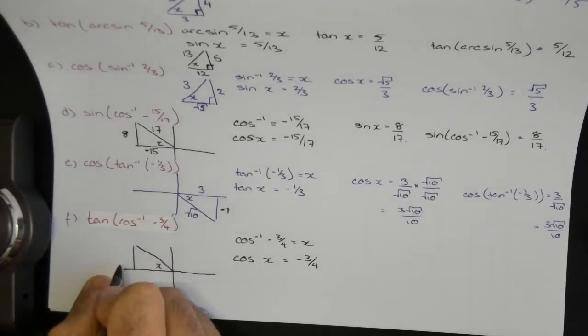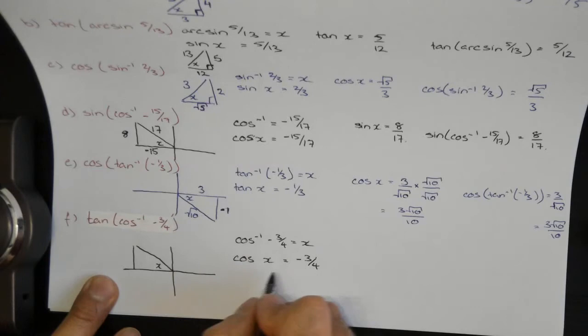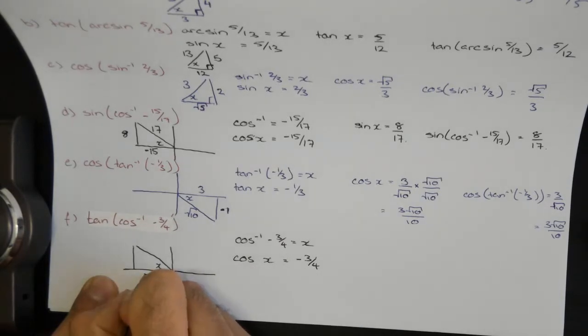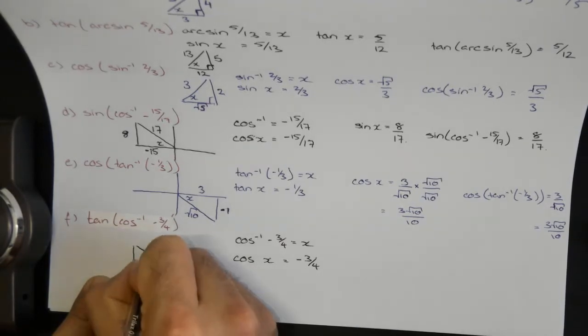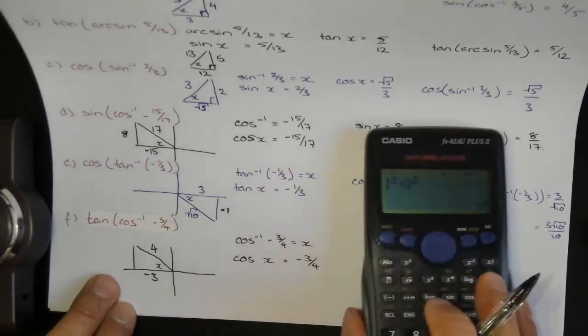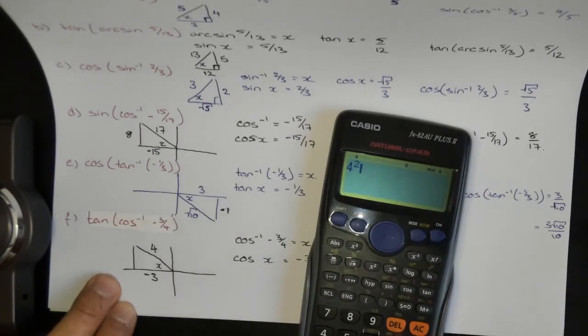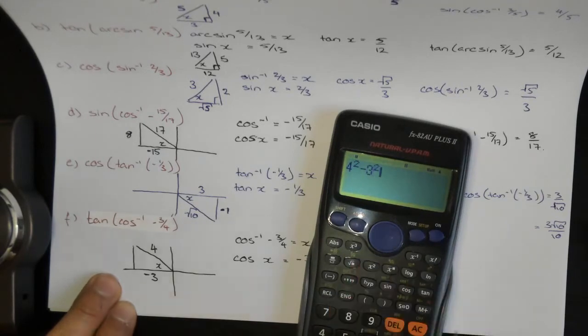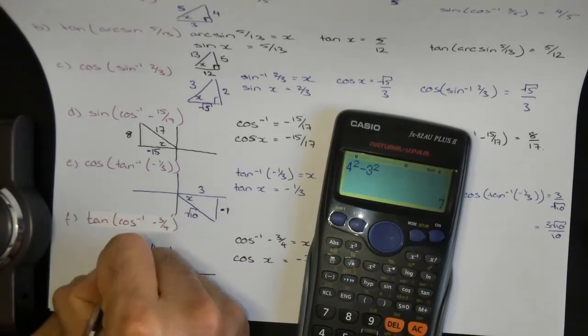Okay, so my adjacent over my hypotenuse. And so using Pythagoras' theorem, 4 squared minus 3 squared, so square root 7.